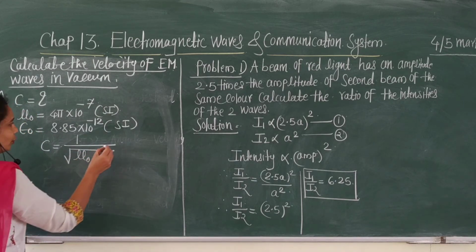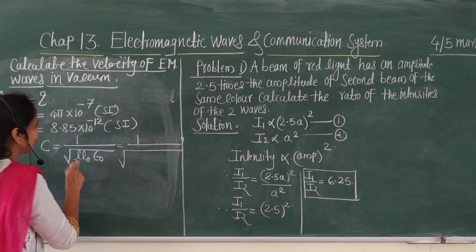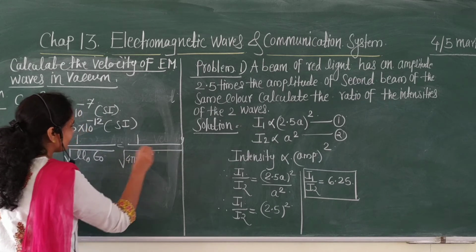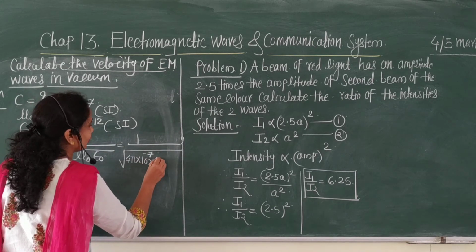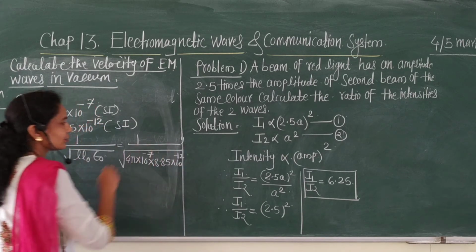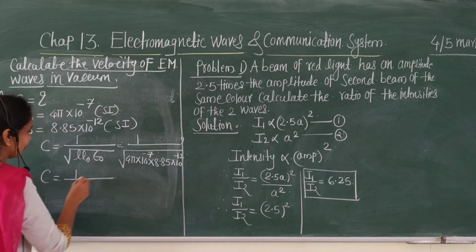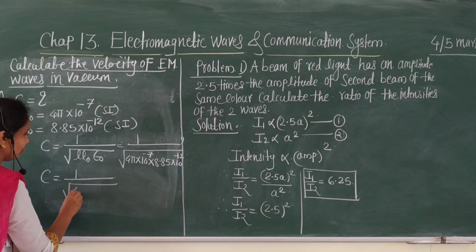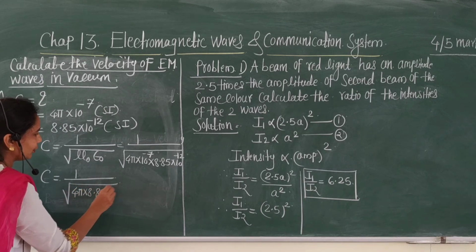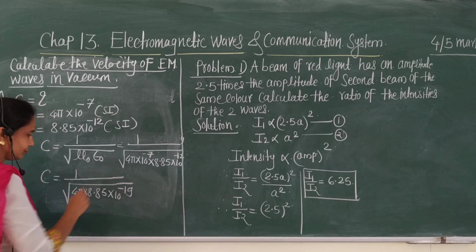So 1 upon the square root of 4 pi into 10 raised to minus 7, into 8.85 into 10 raised to minus 12. Therefore, c equals 1 upon the square root of 4 pi into 8.85 into 10 raised to minus 19.